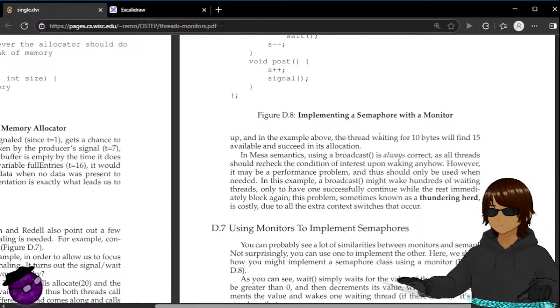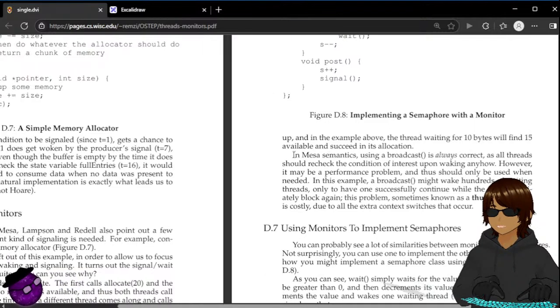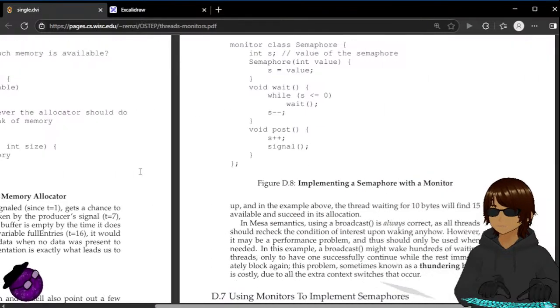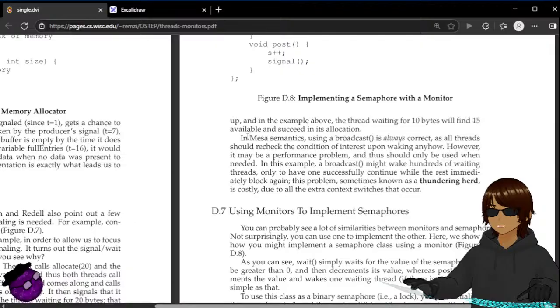In the example above, the thread waiting for 10 bytes will find 15 available and succeed in its allocation. And when it allocates, it will set this back to wait, right? And wait will undo the broadcast. With Mesa semantics, using a broadcast is always correct, as all threads should recheck the condition of interest upon waking anyhow.